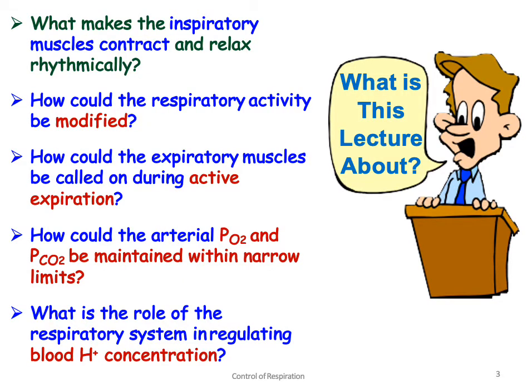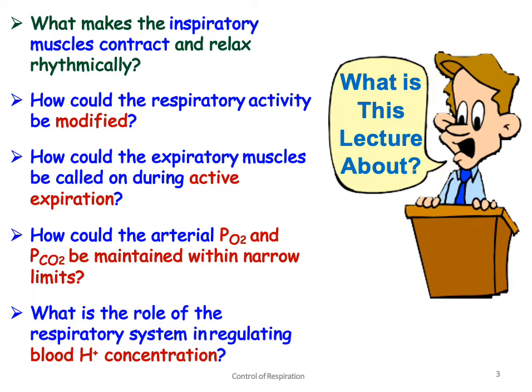So this is the guideline. What is the lecture all about? What makes the inspiratory muscle contract and relax rhythmically? How can the respiratory activity be modified? How can the expiratory muscles be activated during active expiration? And how can the arterial oxygen partial pressure and CO2 partial pressure be maintained within narrow limits?